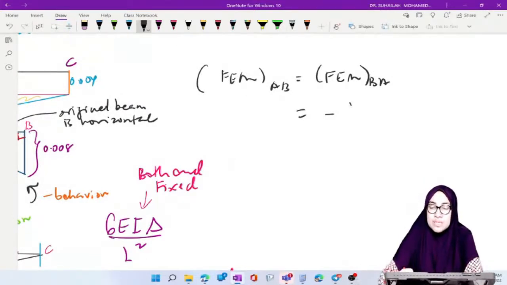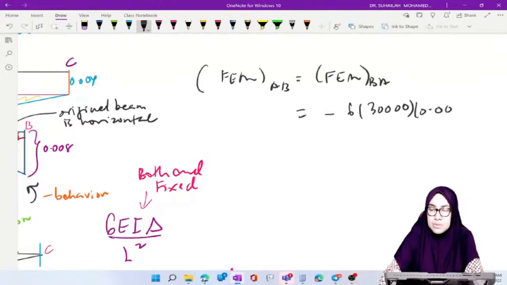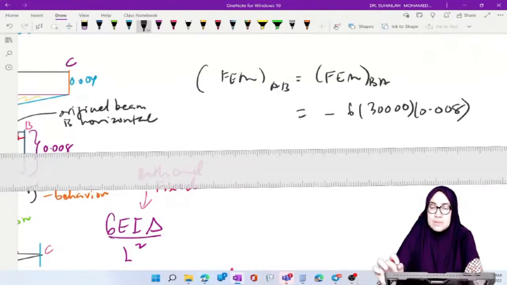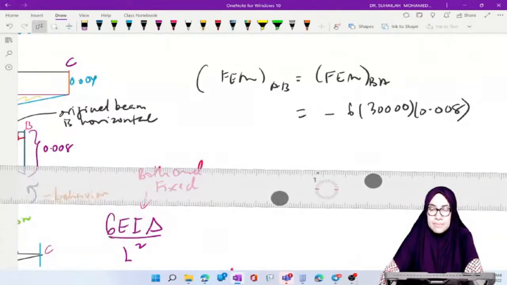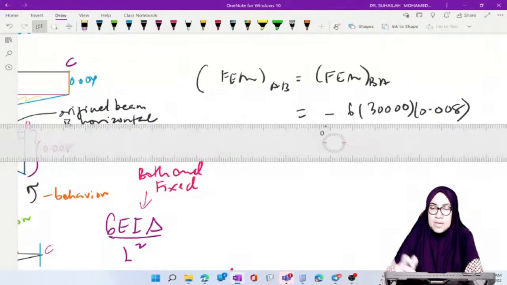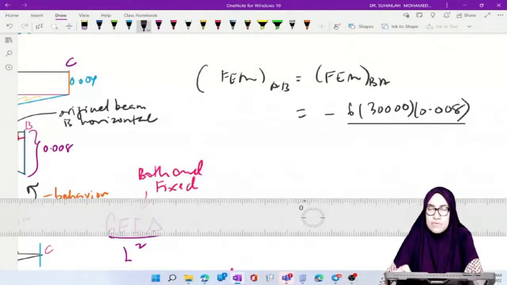This is 6 times 30,000 times 0.008, divided by L squared. L for AB is 4 meter, 4 squared is 16.